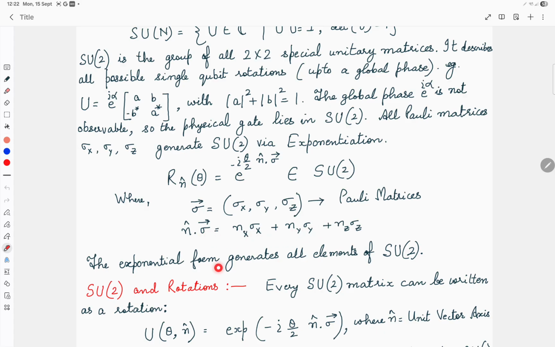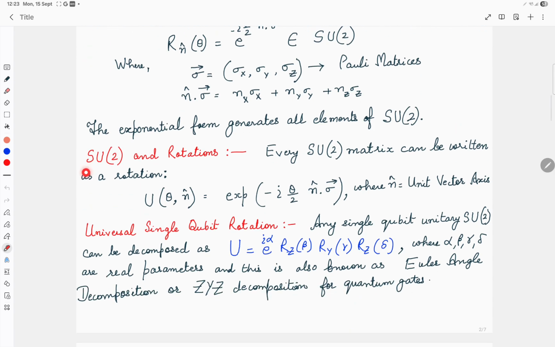Now the exponential form generates all elements of SU2. So this exponential form or this method of exponentiation can be used to generate all the elements of the SU2 group, which will be the rotation gates. Now let us see about SU2 and rotations.